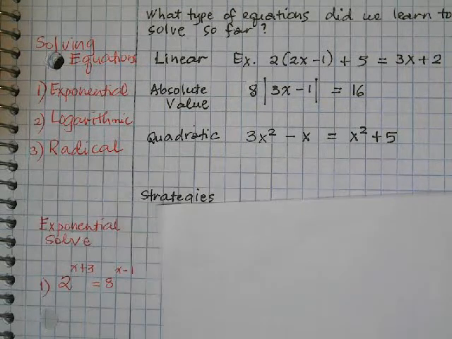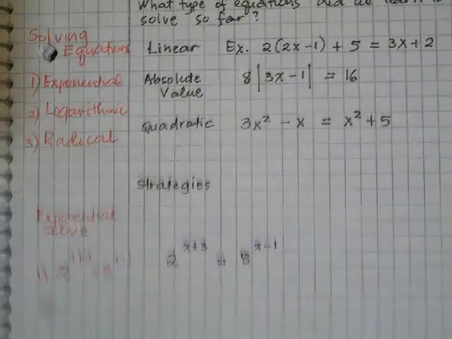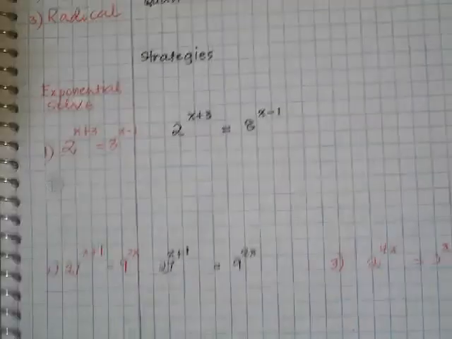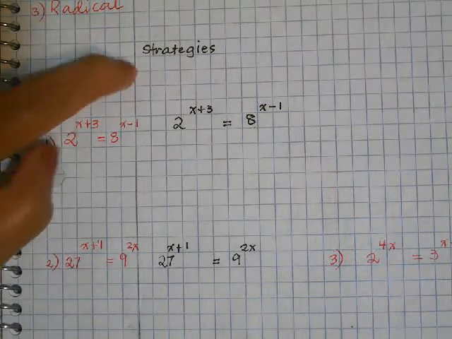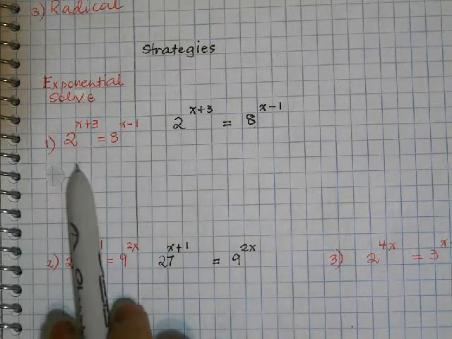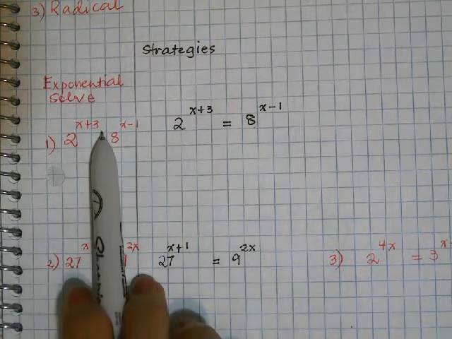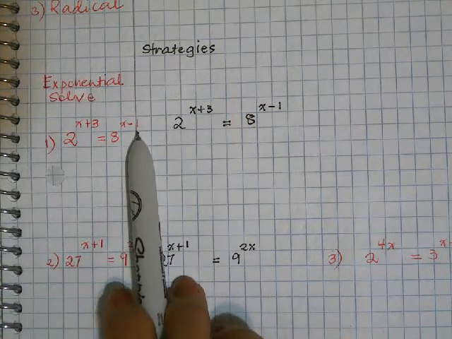I will give you 3 examples for solving exponential equations. So let's write our strategies here. This one is our first example: 2 raised to x plus 3 equals 8 raised to the exponent x minus 1.